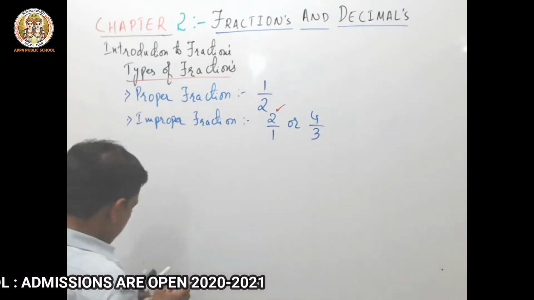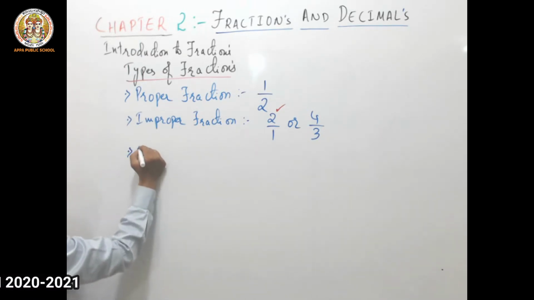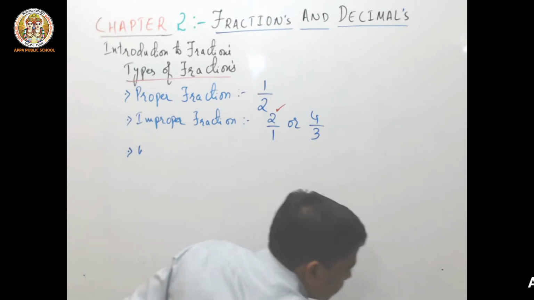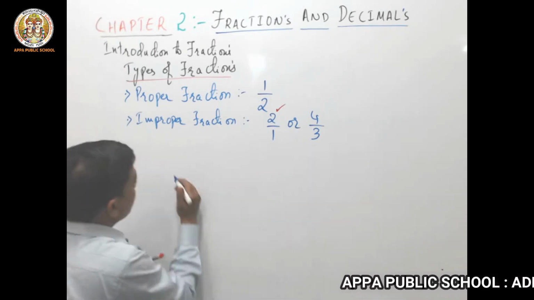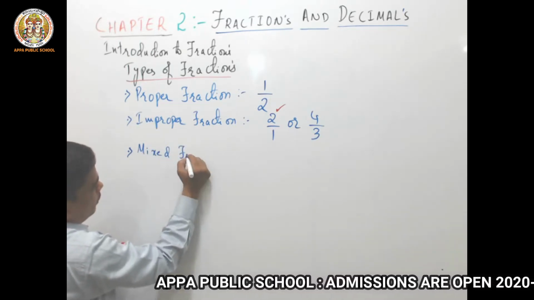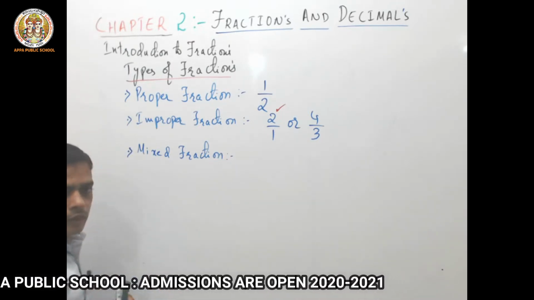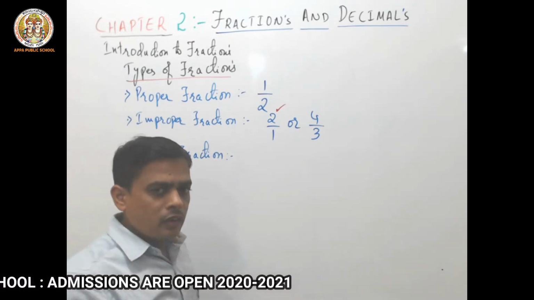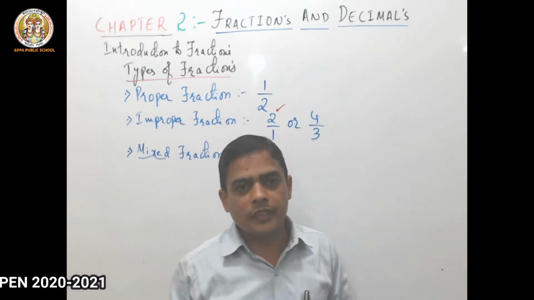Next one. What is the next one? The next one is the mixed fraction. The word itself says mixed.